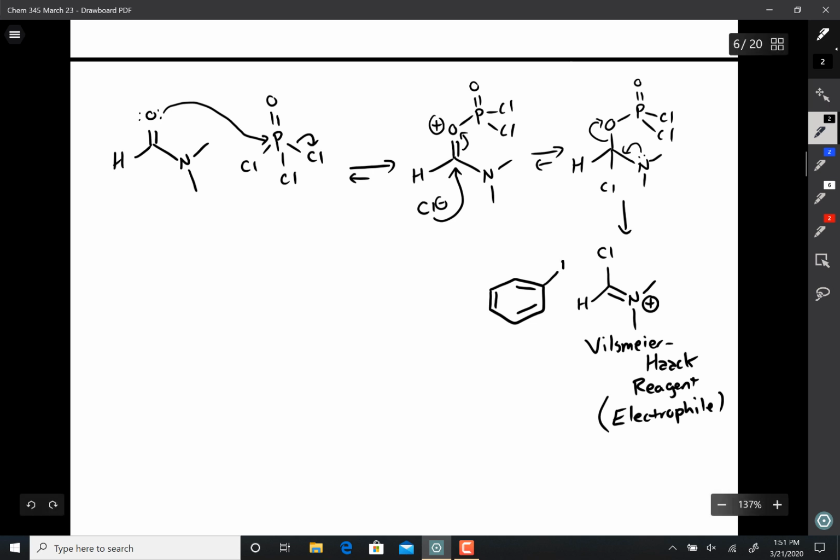And then, once you have your electrophile, the benzene ring, the pi bond, goes to the electrophile, forming the sigma intermediate.